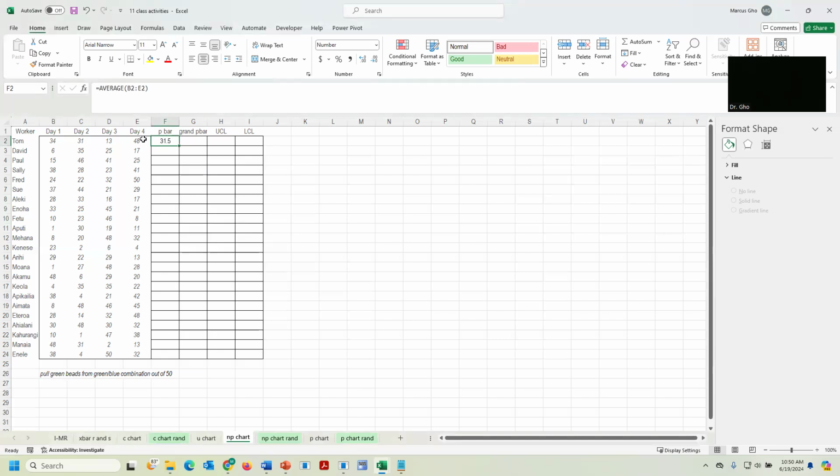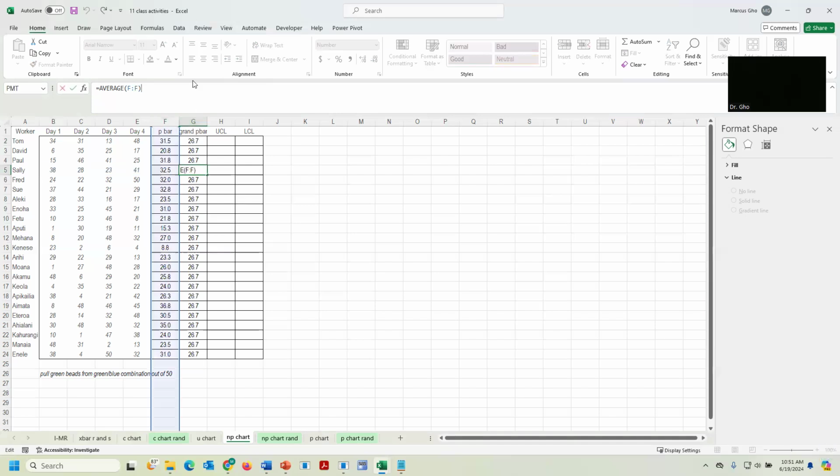It looks like these people pulled these samples out, and Tom pulled an average of 31.5 green beads. LA pulled 31, and the numbers vary. The grand P bar is the average of all. So we have the averages for each of the individuals, and then we also have the average for everything.